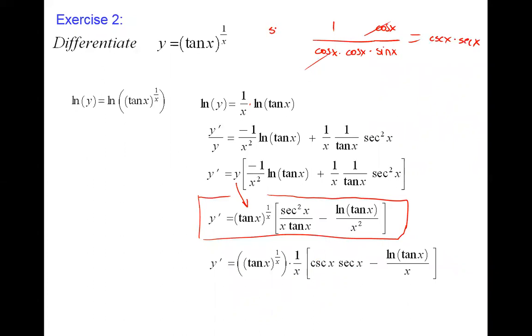Just to know where these formulas come from. But as I said, this could be also your final answer. And 1 over x is a common factor. I factor out. Okay, let's look at one more.